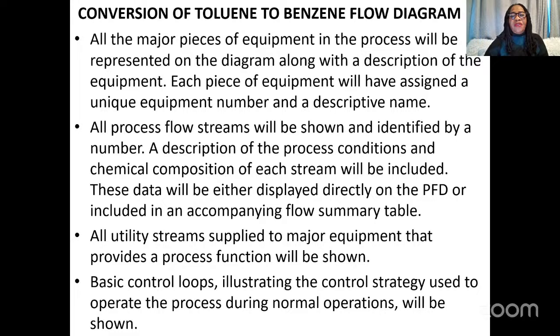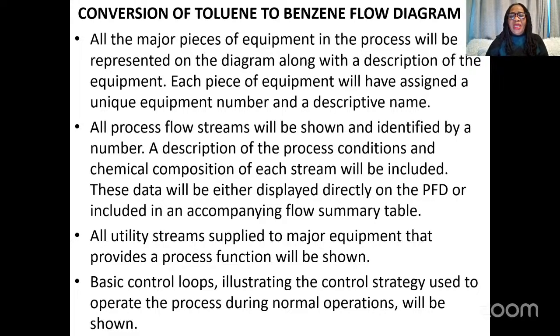All process flow streams also will be shown, and they will be identified by a particular number. A description of the process conditions and chemical composition of each stream will be included.